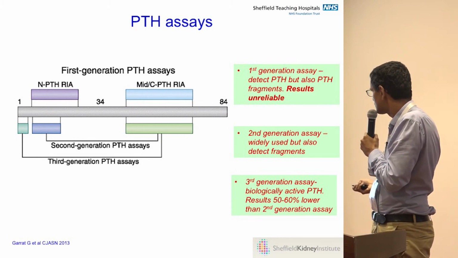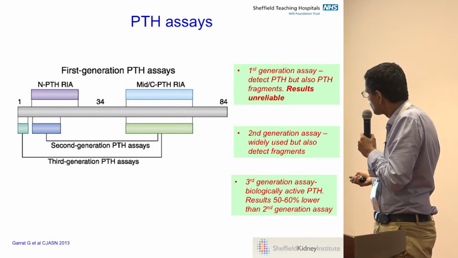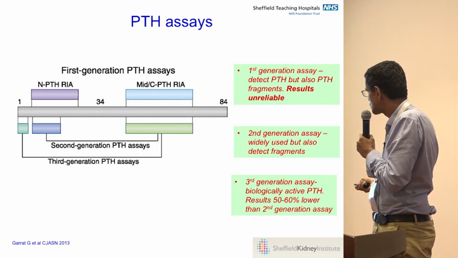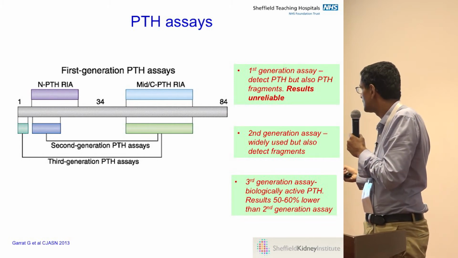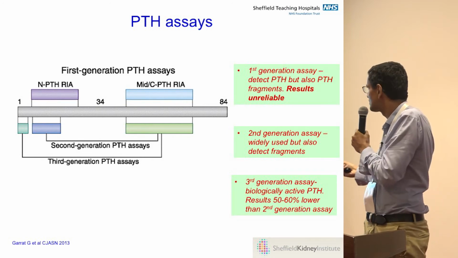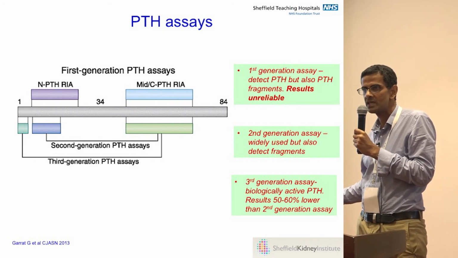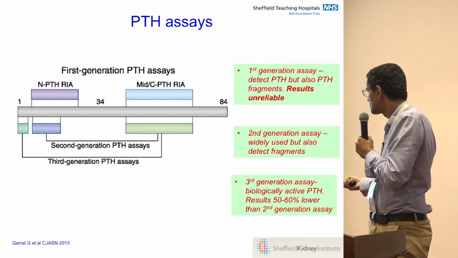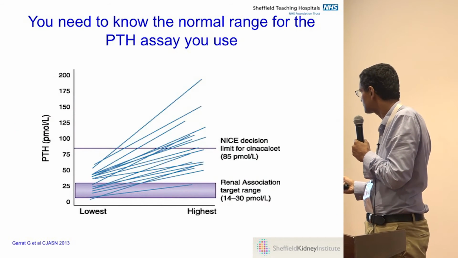And because it doesn't measure the fragments, the results are 50 to 60% lower than the second generation assay. So you could say, why don't we all move towards a third generation assay? And the real reason is that most of the outcome data in terms of epidemiological research is all done with a second generation assay. So if we all moved to a third generation assay, it would be very difficult to interpret what our target ranges for PTH should be.